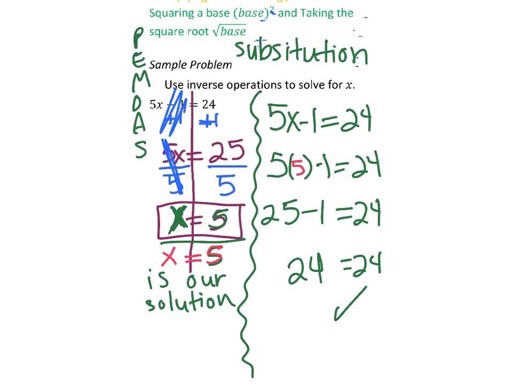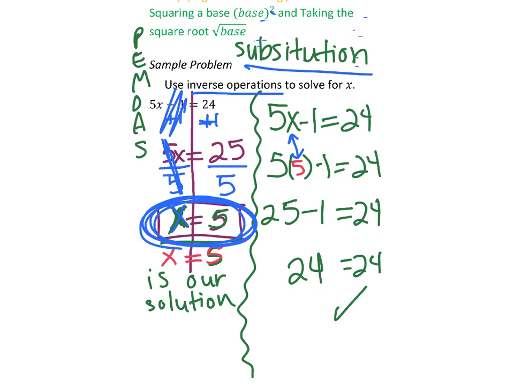Just to review what we did here, we used inverse operations to cancel things away from the side where x is at, right? Because we want to get x by itself. And we use that general rule of thumb, which is to start with whatever's farthest away from the x. Cancel out that way. And we got our answer. And once you have your answer, you can use substitution, which we did right here, where we substituted the 5 for the x.